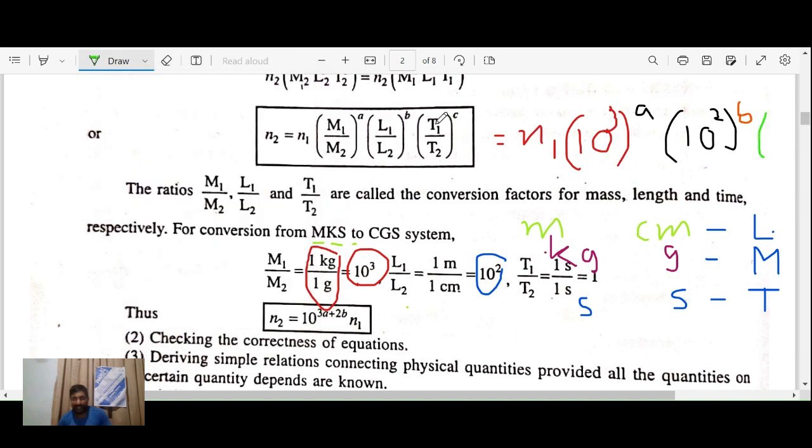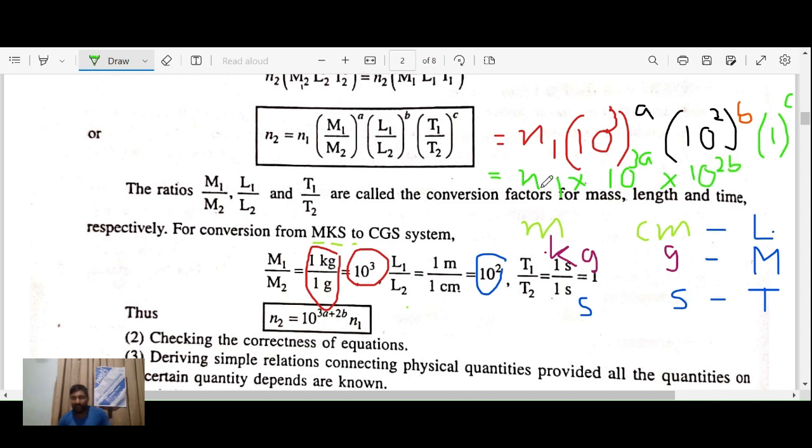You can see the answer is T1 over T2 to the power c. Now look at this simple mathematics. Here you can just write it n1 into 10 to the power 3a. Can you see? Simple mathematics. 3a into 10 to the power 2b.